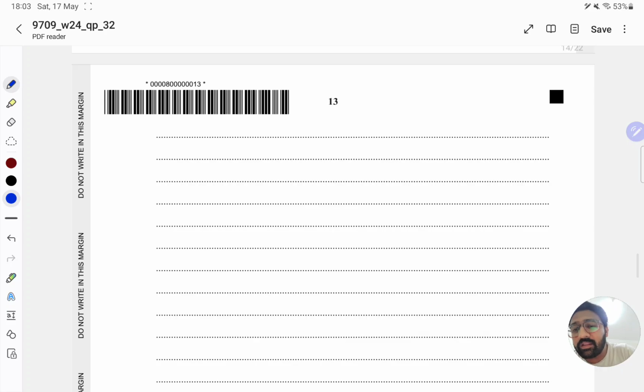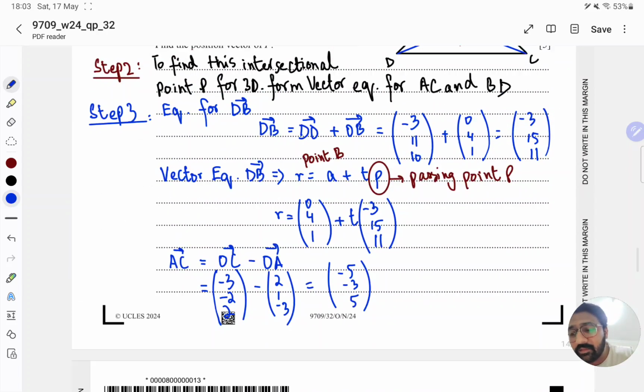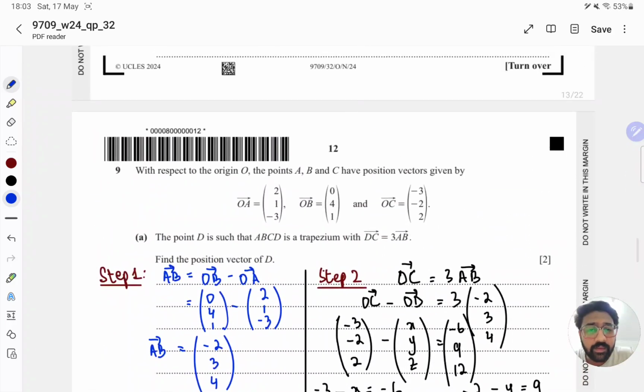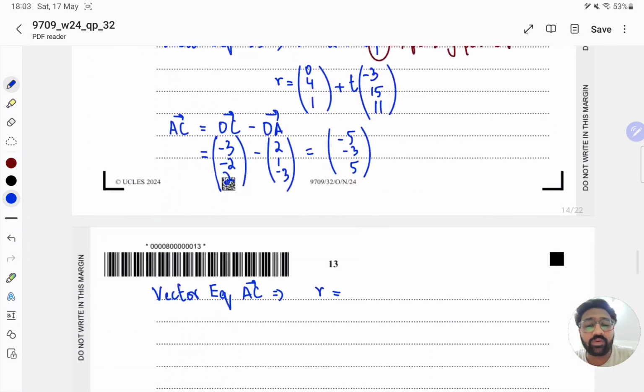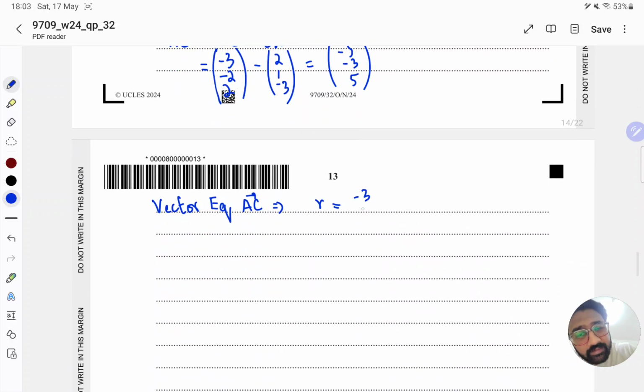Now we need to find the vector equation for AC, which will be r equals, and the point we can take is C, which is minus 3, minus 2 and 2.